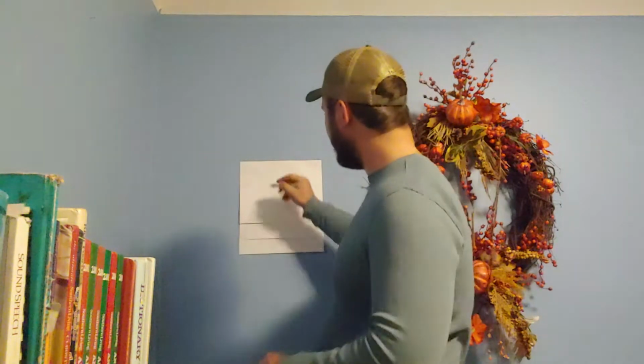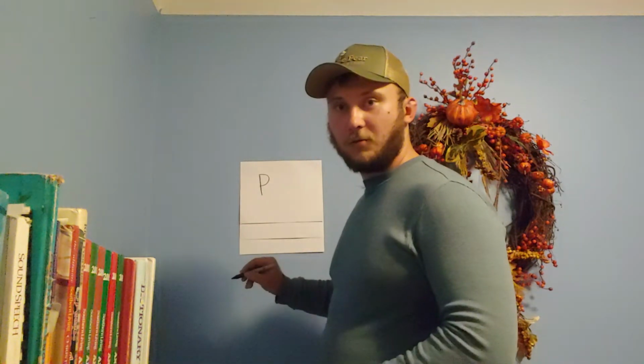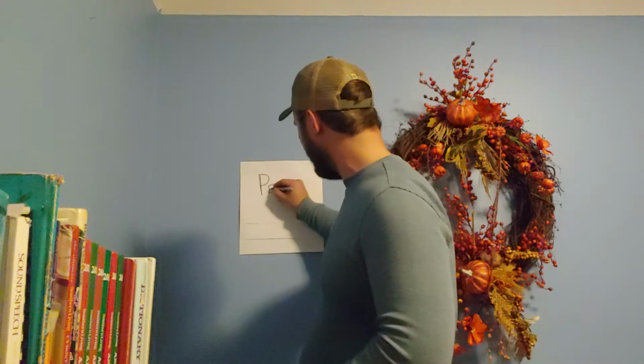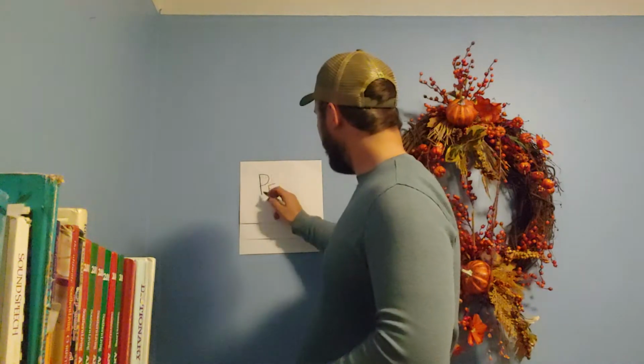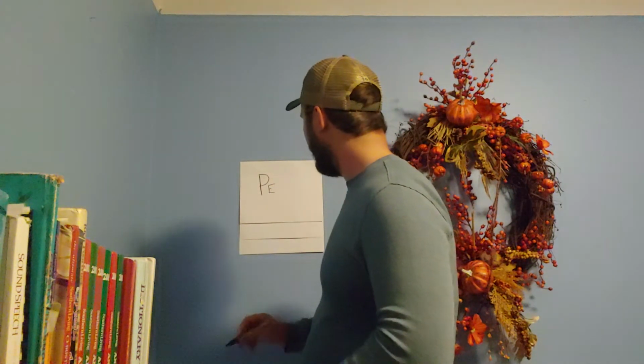It could be random letters of our alphabet that we use today. Me personally, for the pea plant, I use a capital P with a smaller capital E. Okay? So that is my symbol for the pea plant.